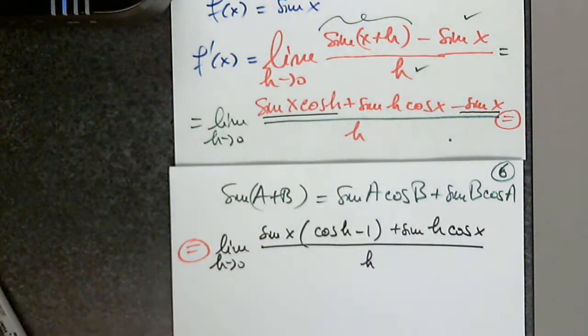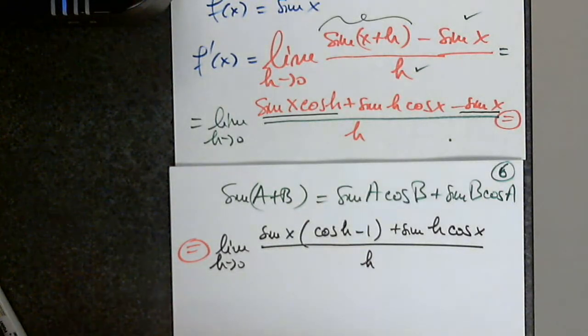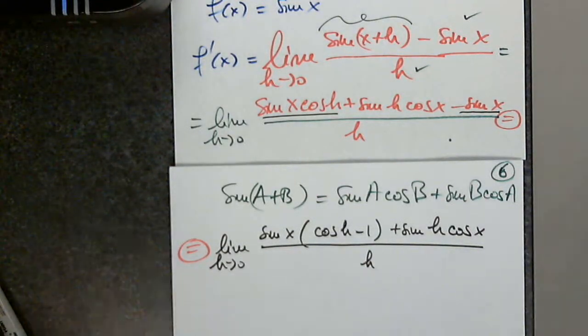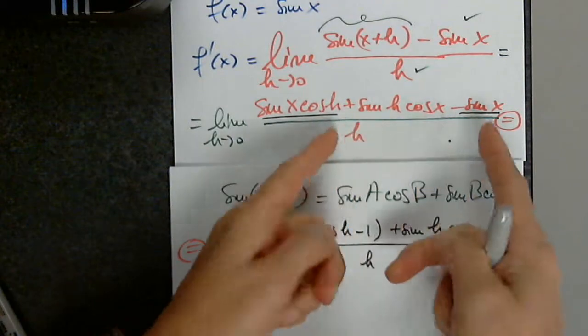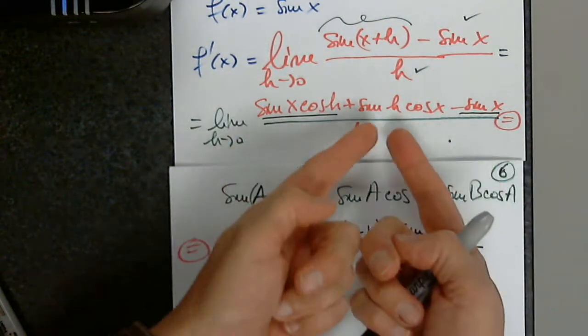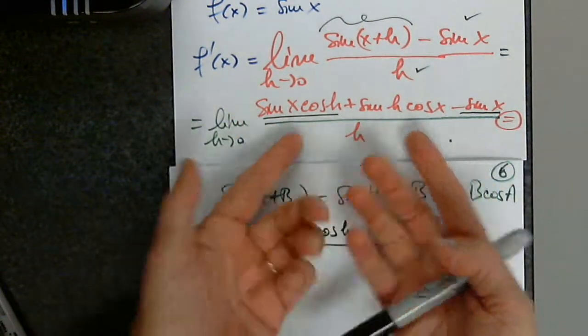Now the question you can say, wait a minute, why did you choose that? First of all, there was nothing else I could do. These are the only terms that have something in common. Secondly, I could not connect this term with any of the other two. There is no sine h anywhere. There is no cosine x anywhere.